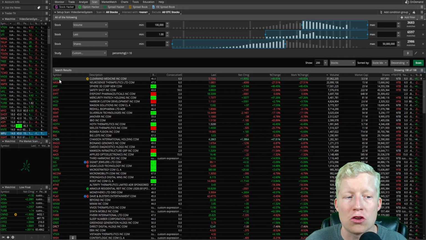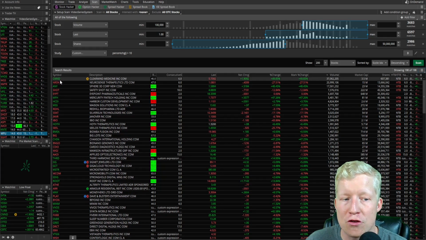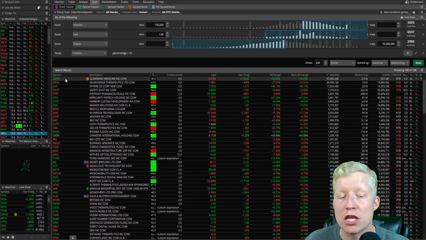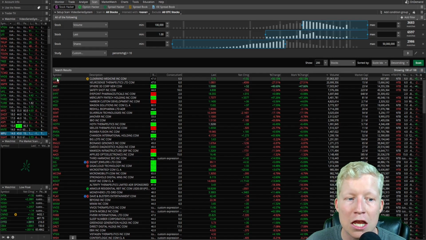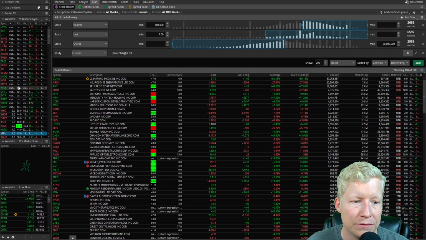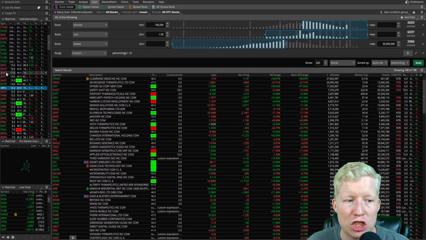So you need to make sure that you are returning stocks that fit your theory in a scanner so that you can test all of them, so that you know when you're running your back testing, okay, I would trade MYO, SHOT, DRCT, ASPI. I would trade all of these. So these are the ones that I will run my back test off of.